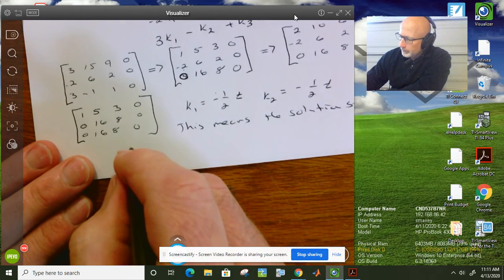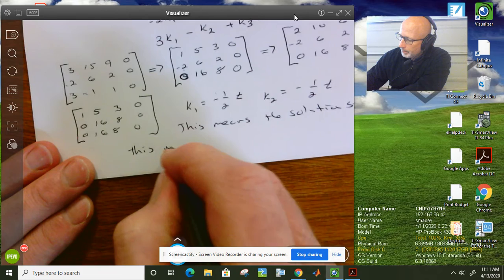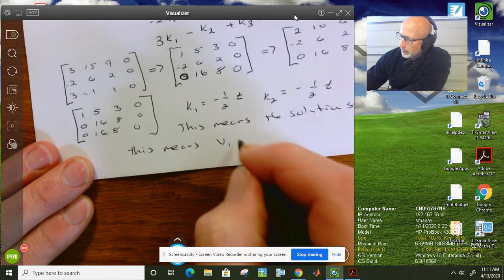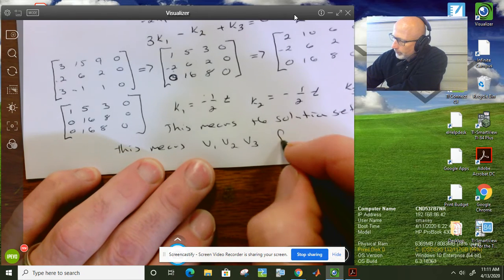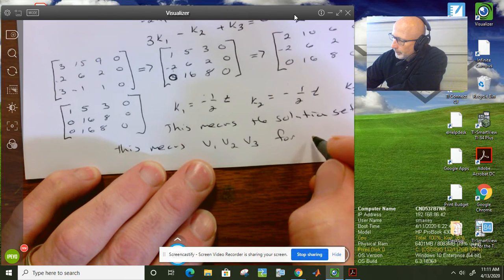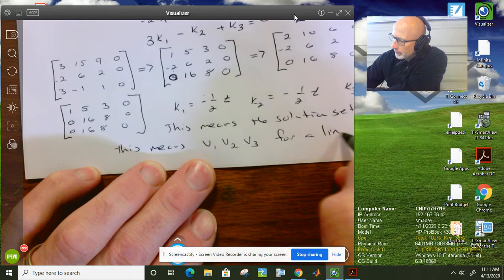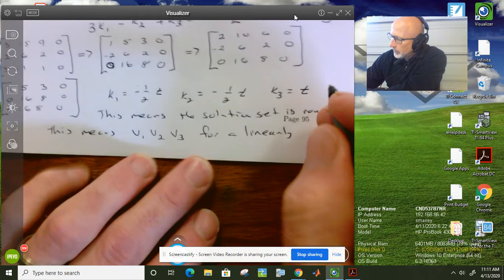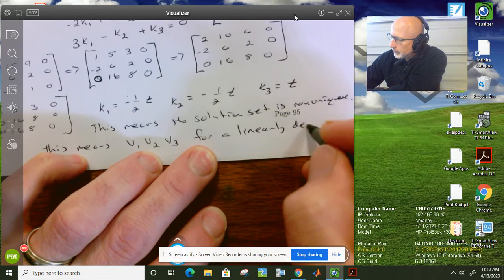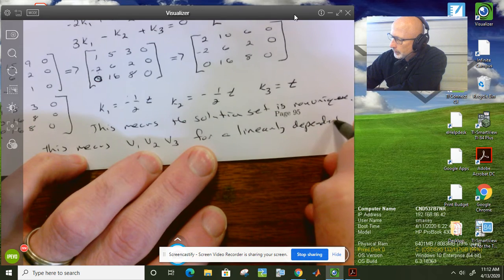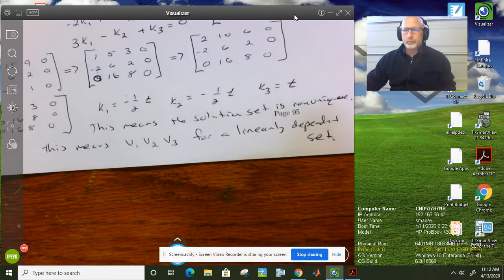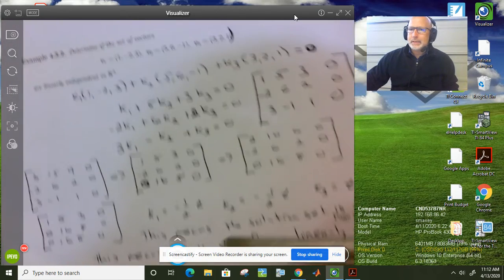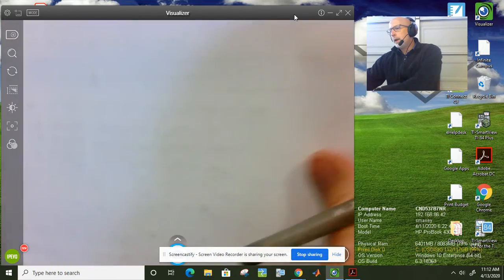This means V1, V2, V3 form a linearly dependent set. There's more than just the trivial solution, so it's linearly dependent. Okay, next page.